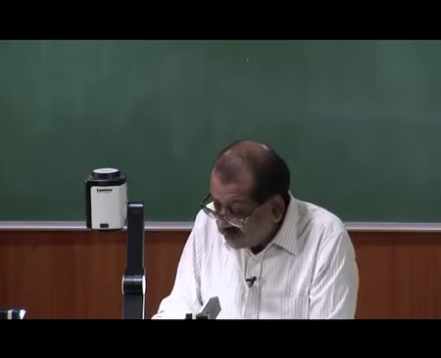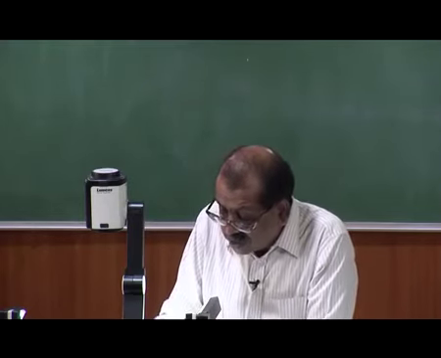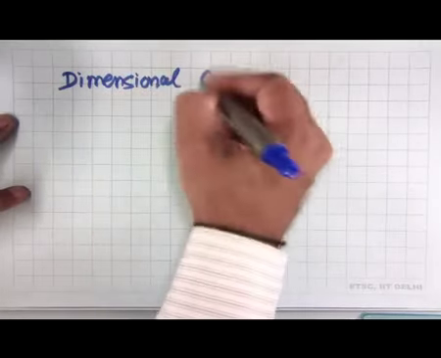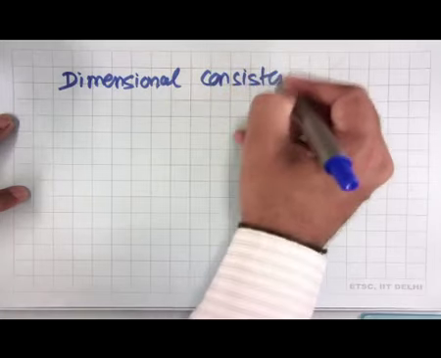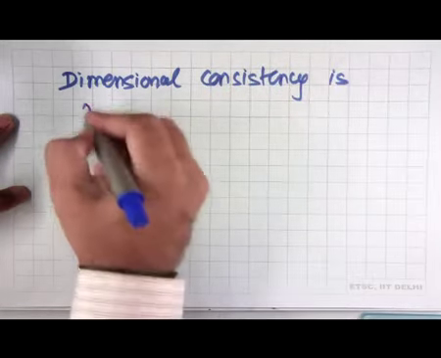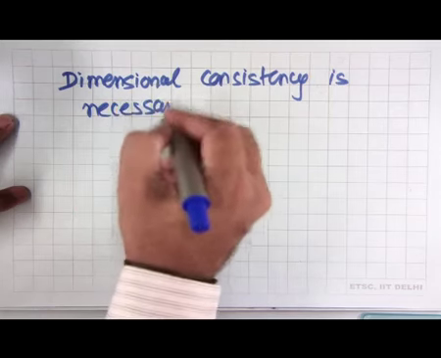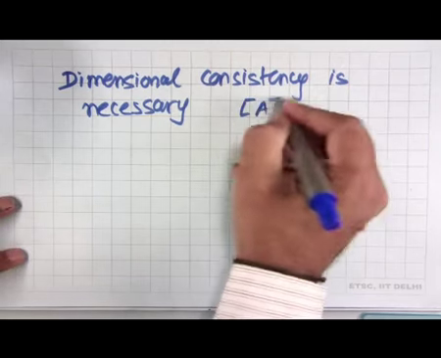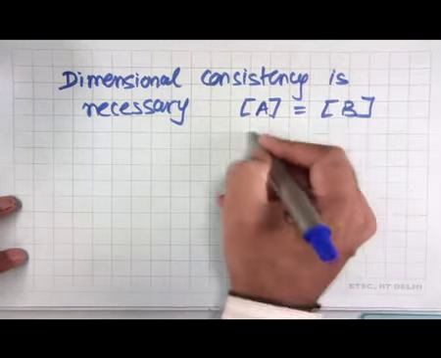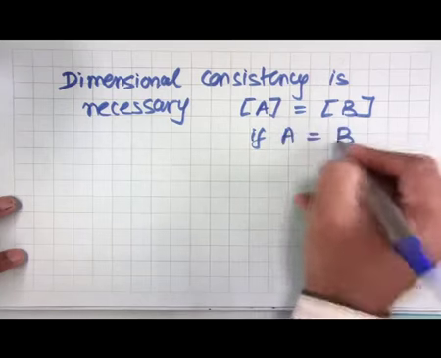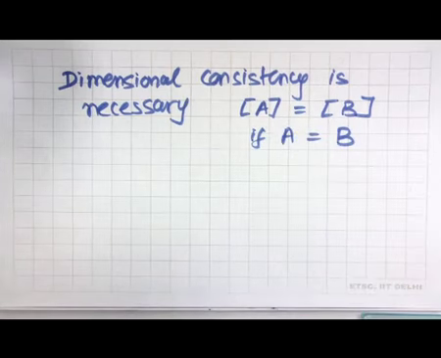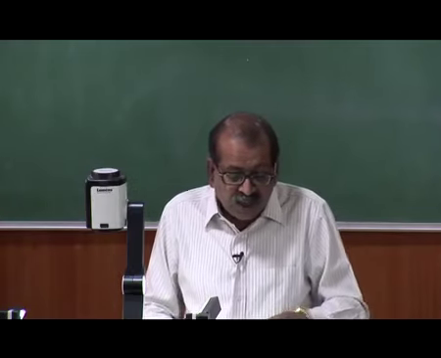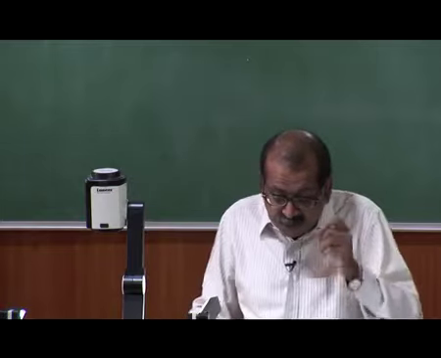But one thing we should realize, or the catch is, while dimensional consistency is necessary, that means two terms in the equation have to have the same dimensions, dimension of A is equal to dimension of B if A is equal to B. But if the dimensions of A and B are equal, it may not ensure that A is equal to B. It is just a way to check the first step.